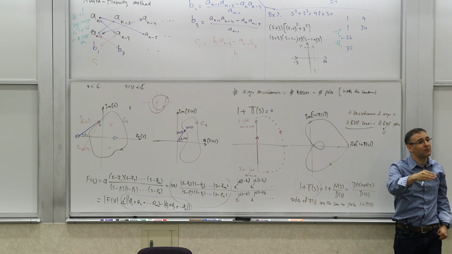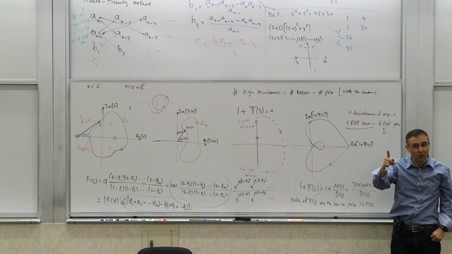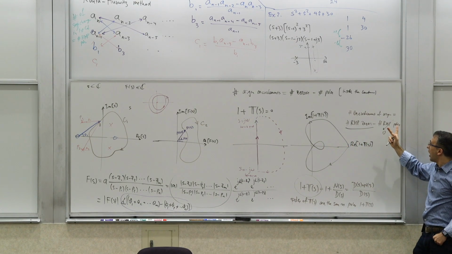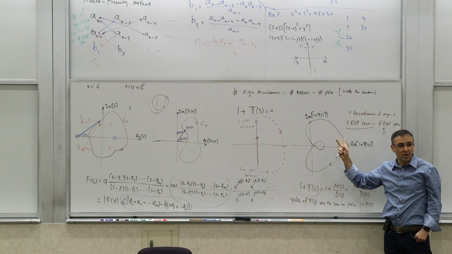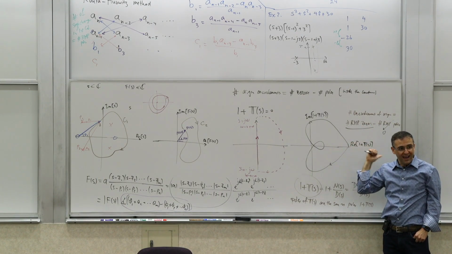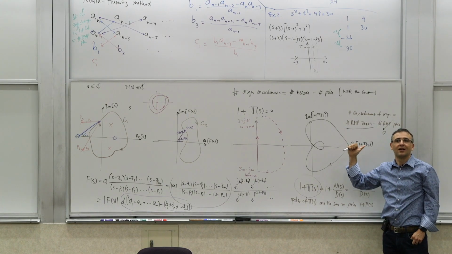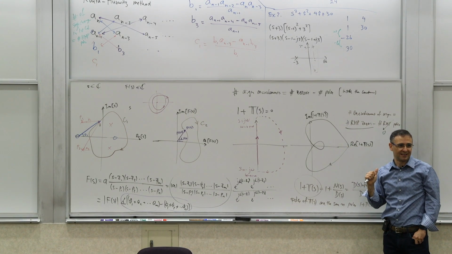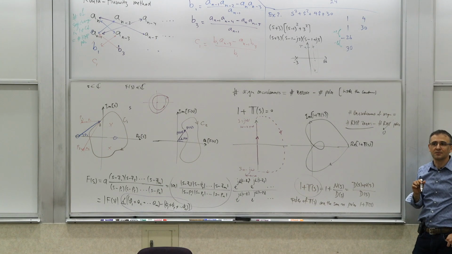If you already have right half-plane poles, what this criterion gives you, the number of encirclements, is the number of right half-plane poles of the closed loop system minus the number of right half-plane poles of the original open loop gain. Right? Very good. Any other questions? All right.